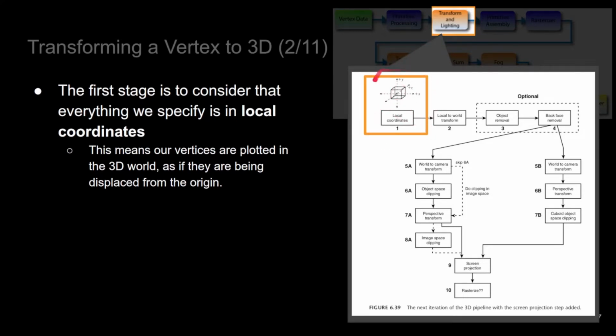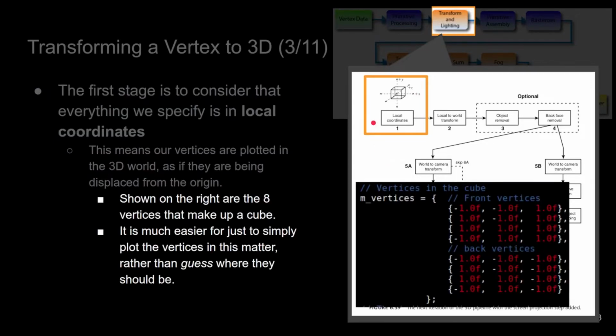So we just imagine each of those triangles that you created as being in its own coordinate system, and they're just plotted in the 3D world, displaced from the origin here. So like this cube, for instance. It's just a cube in the center of the world, and that's really it here. So here's an example of those vertices that would make up the cube, if you can imagine plotting these in 3D here.